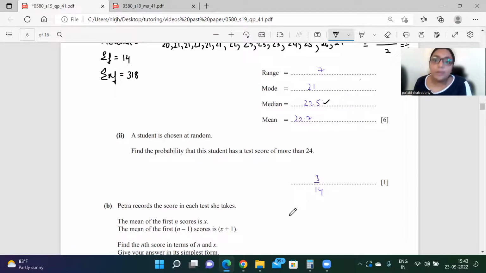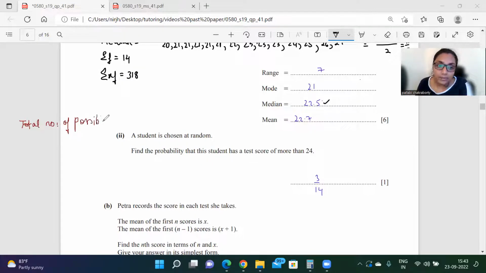How do we know that? Let's first quickly describe what we mean by probability. Probability is the number of possible outcomes divided by the total number of outcomes.